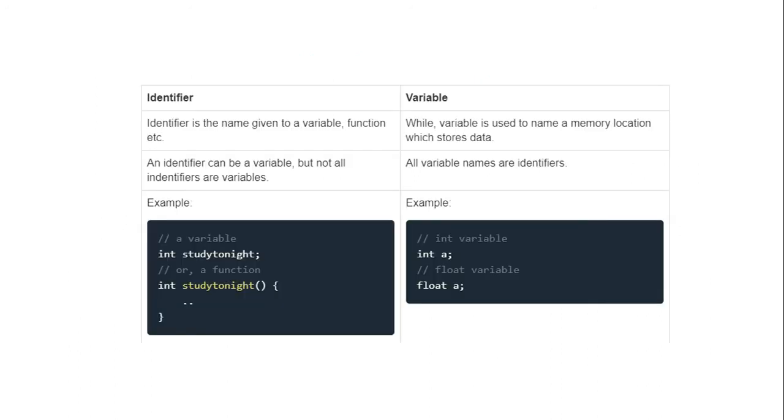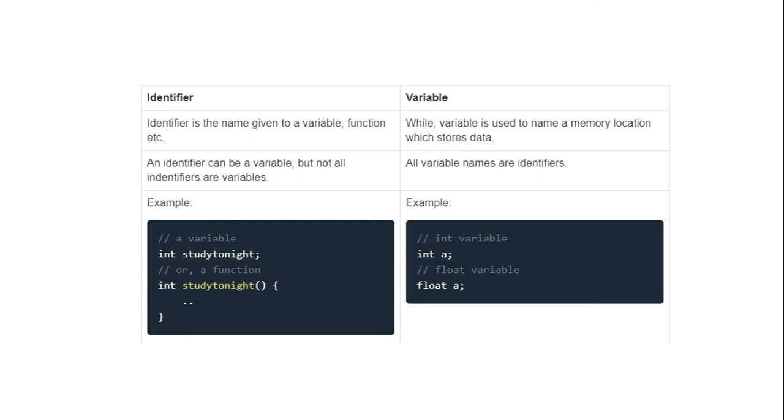So this is the example of identifier and variable. An identifier is a name given to a variable, so see the example program. int study_tonight, int study_night. Actually that is a variable, but it also refers to an identifier. And see the function, it is a declaration of a function. int study_tonight open bracket close bracket.